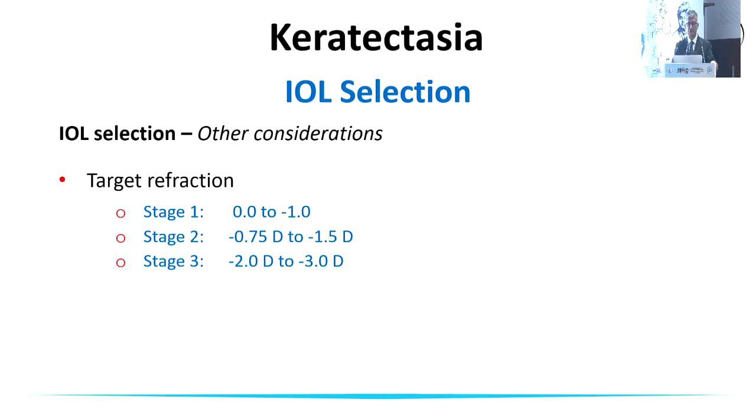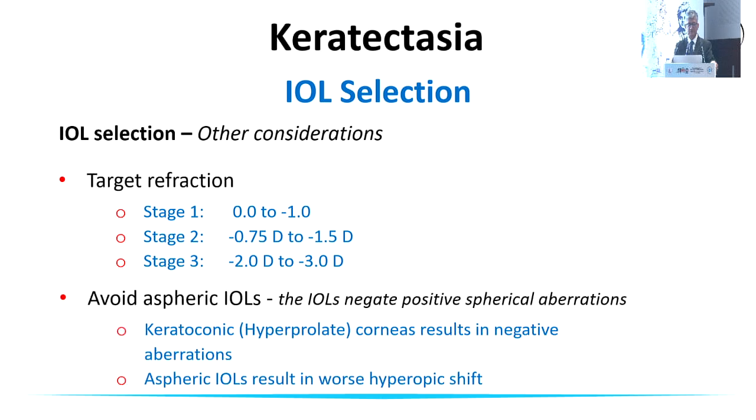For stage 2, you should aim for more myopia, roughly about 1 diopter, and in stage 3, about 2 to 3 diopters of myopia. Avoid aspheric IOLs, because these IOLs are aimed at negating the positive spherical aberration. So if you put an aspheric IOL, you will have a much higher degree of hyperopia post-operatively.